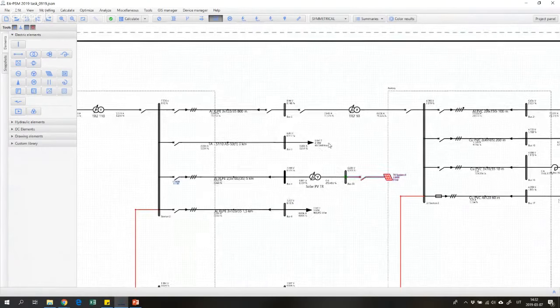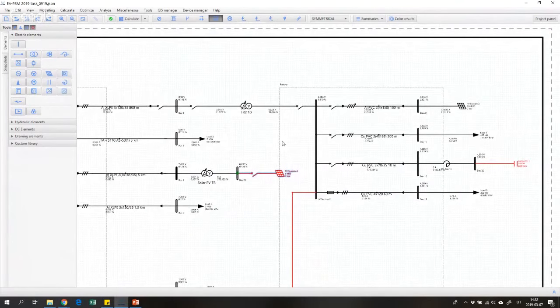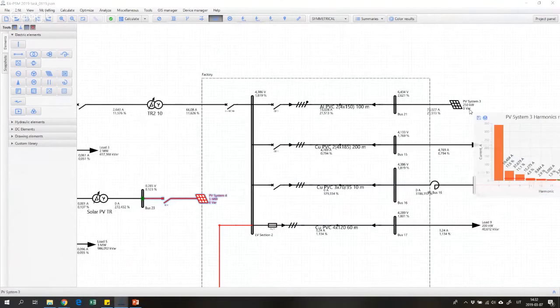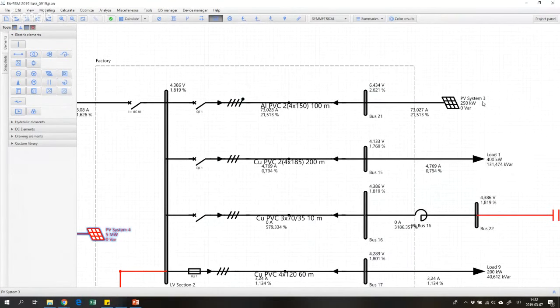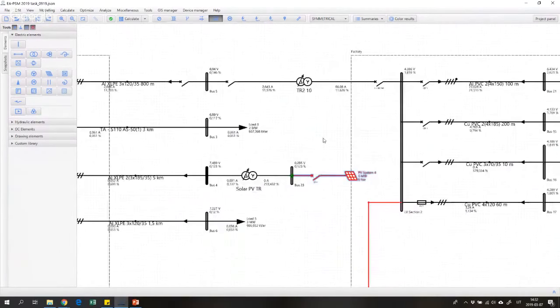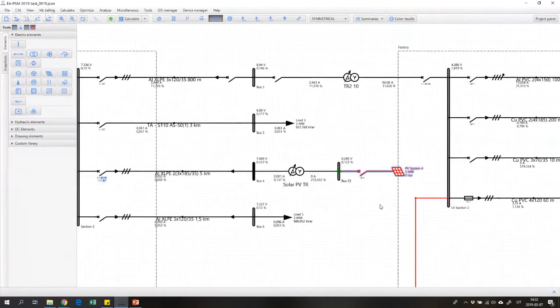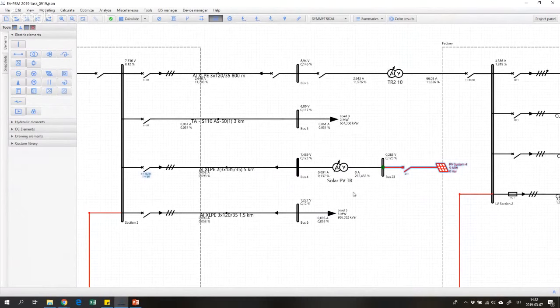We have some harmonic equipment in low voltage as well, but they are much smaller in power and are not causing so many problems. So it means that the distribution system operator can ask an investor or design engineer to fix problems regarding high harmonic distortion, because it causes many practical problems for all the loads connected to the network.